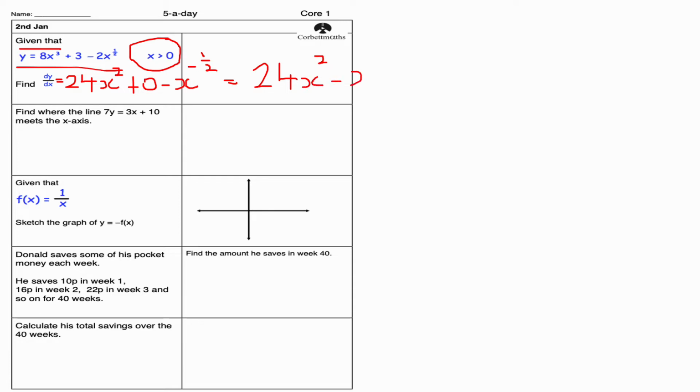Now I could write minus x to the minus half as minus 1 over the square root of x. That would also be plausible. At this stage, examiners will allow you to write it however you see fit.